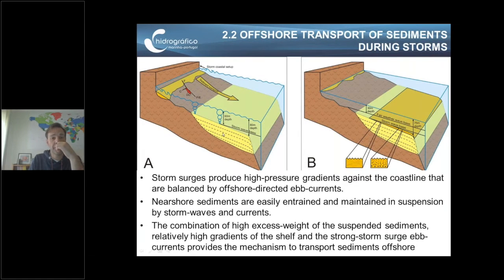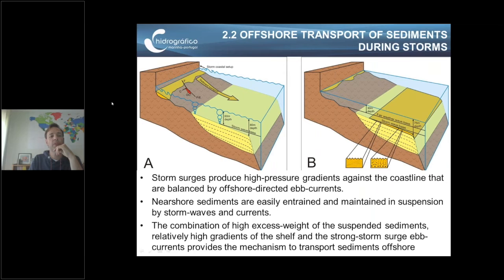Another way of transporting sediments offshore is offshore transport of sediments during storms. This is a sketch that tries to show that. Here in brown we have a cliff and then a shelf. This represents the shelf, and this point here represents the shelf edge.